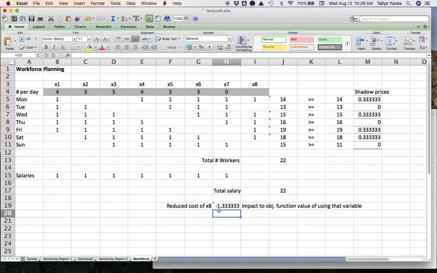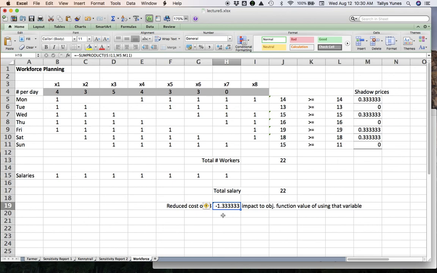So if you paid $1,333.33, this would be a break-even result, because it will be that number minus itself equals 0. So this person neither helps nor hurts. So you could counter offer and say, well, the most I can pay is, pick a number that is less than 1,333.33. Okay, so the reduced cost allows you to do things like these counter offers for situations like that.